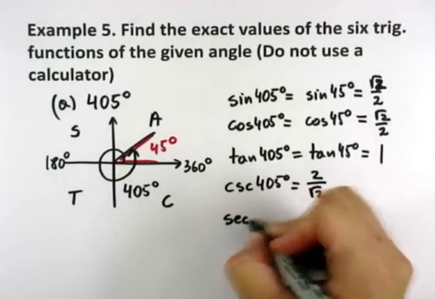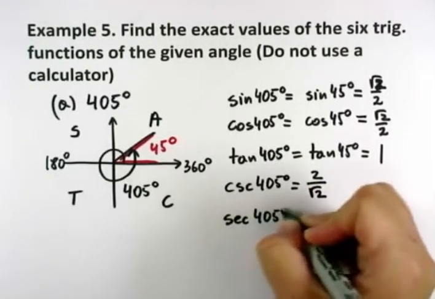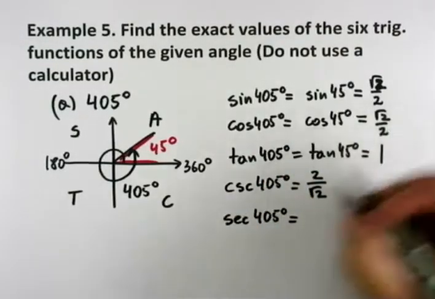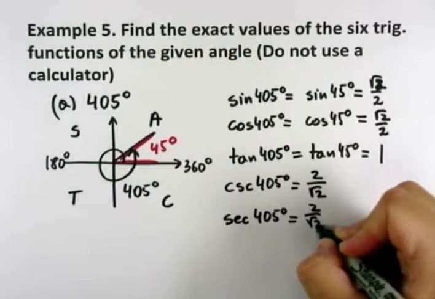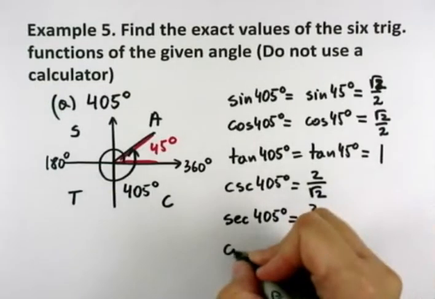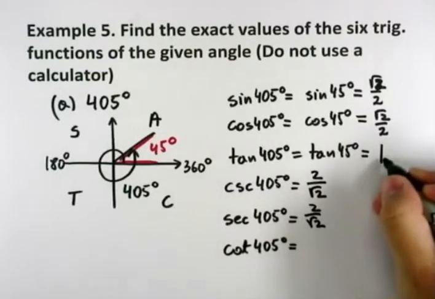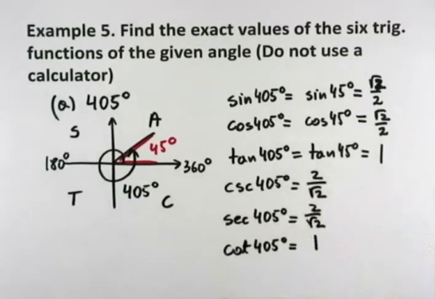Secant 405 degrees is the inverse of cosine, so it's 2 over root 2. And then we have cotangent 405 degrees, the inverse of 1 over 1, which is 1. Example B.